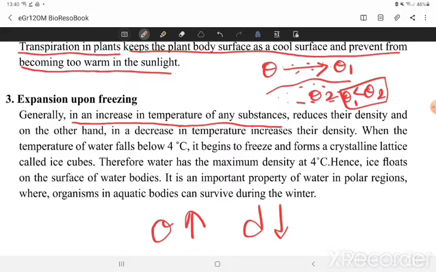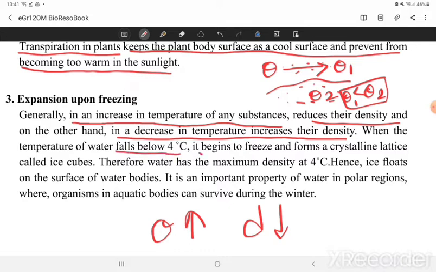But when you're considering water, it's quite different. Now why? You know this familiar fact. When the temperature of water falls below 4 degrees, what happens?